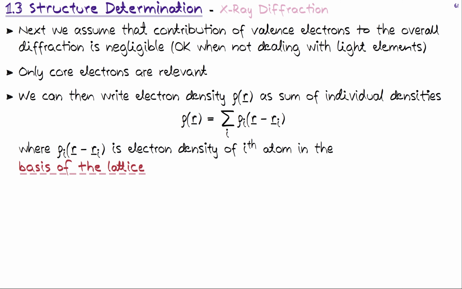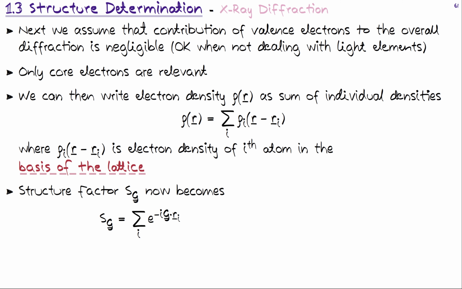And with this way of writing the electron density rho, the structure factor Sg now becomes a sum over these i's, the number of atoms we have in the basis of the lattice, of exponent i g Ri, and we are left with an integral over the atomic volume of rho i of R prime times exponent minus i g R prime.